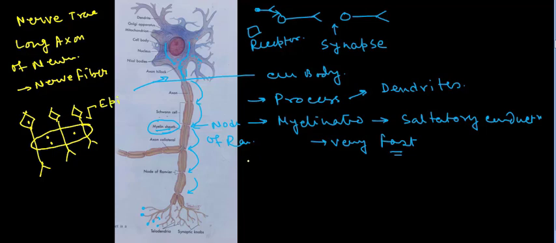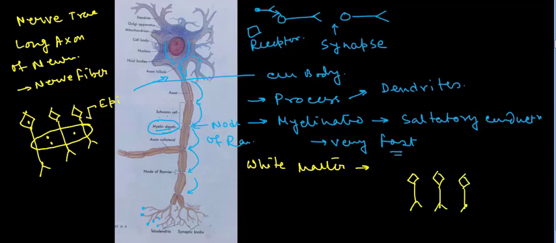Now we will see what is white matter and what is gray matter. First we will see the white matter. What is white matter? The bundles of myelinated fibers make up the so-called white matter of the nervous system. If we draw the different types of neurons, the axons are covered by the myelin sheath, and this myelinated nerve fiber forms the white matter.